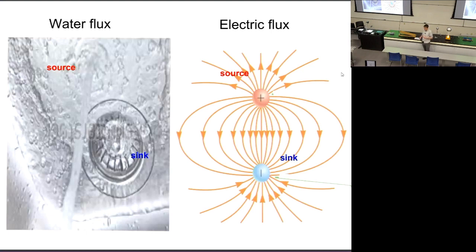We thought of positive charges as a source, kind of a faucet for electrical flux and field. We thought of negative charges as the sink or the drain of electrical field, electrical flux.